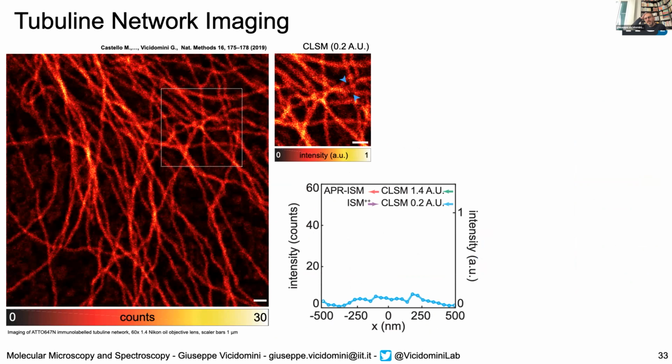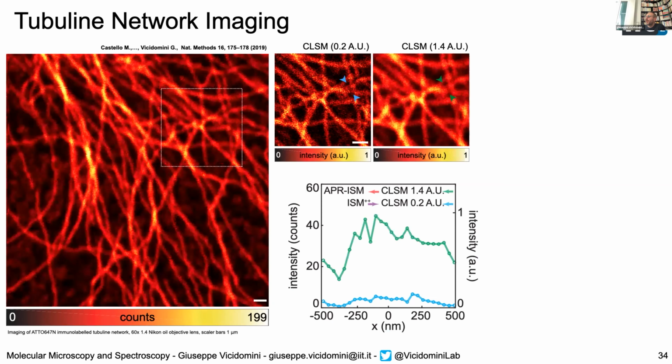So, some examples of the image scanning microscopy approach with Pixel-Reassignment. That's an image of tubulin structure. This is an image collected with a conventional microscope in which we have a closed pinhole. When we open the pinhole, you can see that the signal increases, but also the blurring increases, as you can also see by making an intensity plot along this direction.